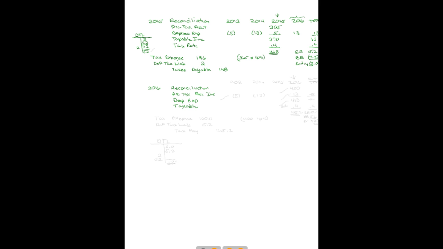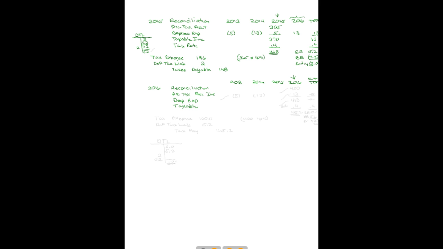We have several years we've been working with: 2013, 2014, 2015, 2016, and a total of future taxable items. And we don't have any more periods that are going to reverse out, because now we're in 2016. It's our last year. Let's grab our numbers.